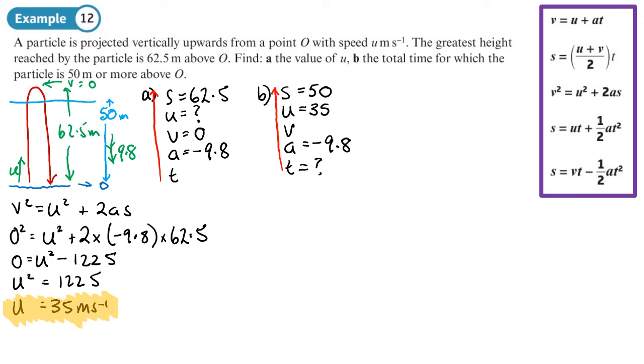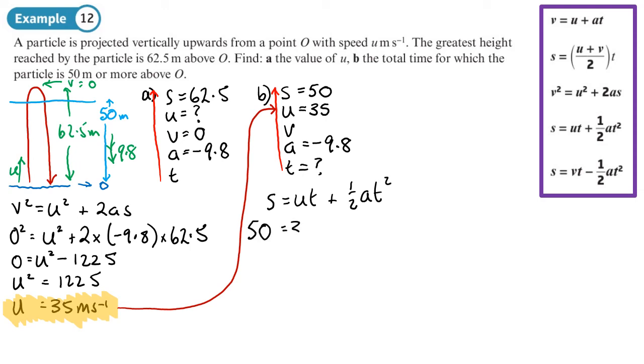So we have to use our answer from part A here. Yeah, so you want to make sure that that is correct before we use it. So S, U, A and T is going to be S equals UT plus half AT squared. So expecting two values of T, so 50 equals 35T plus half times negative 9.8 T squared.